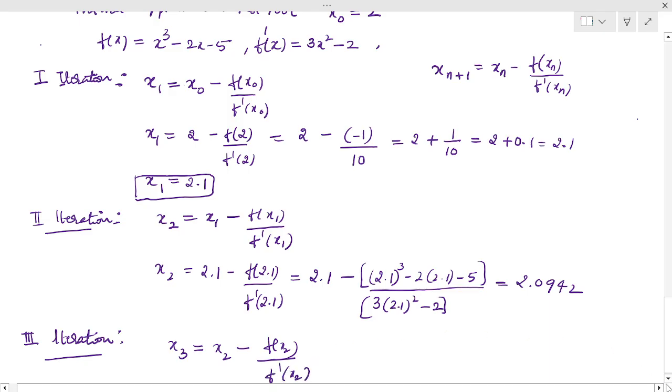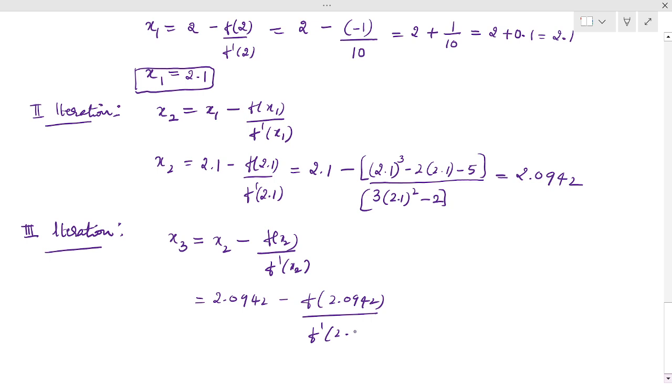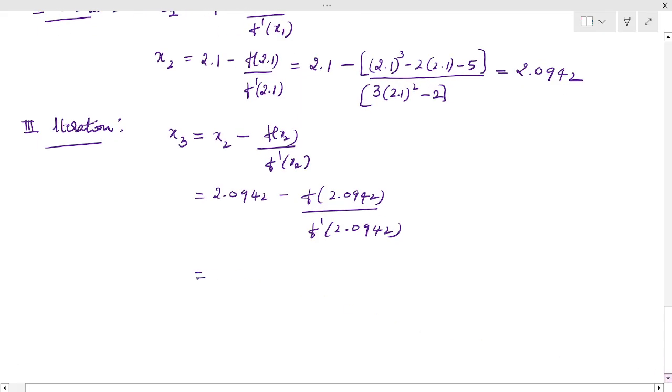The x2 value you know already: 2.0942 minus f of 2.0942 divided by f dash of 2.0942.